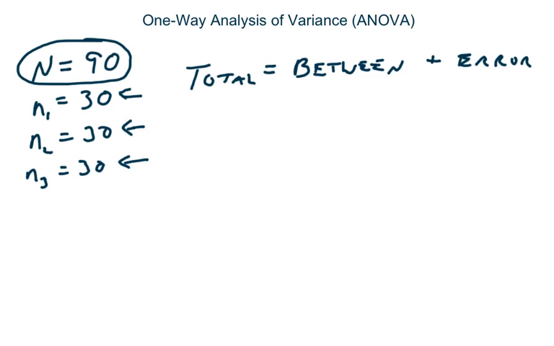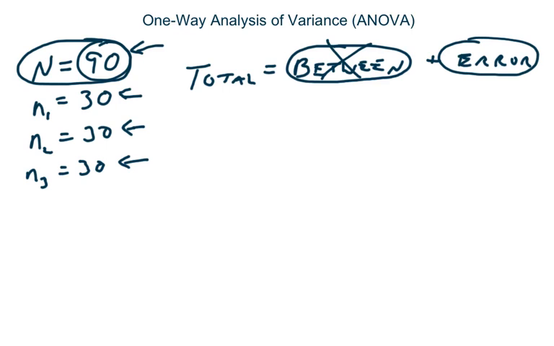So if we're treating our 3 groups differently in some way because of our IV, and that IV is having an effect, then our manipulation is going to contribute to why some people differed from others out of that whole set of 90. But if our independent variable has no effect whatsoever, then that's not going to contribute, and the whole reason why one person differs from the next is just due to individual differences or error.